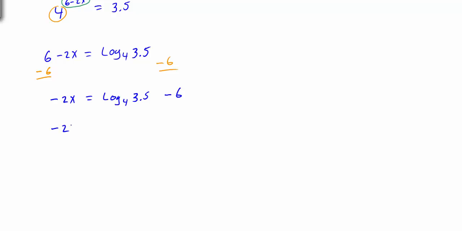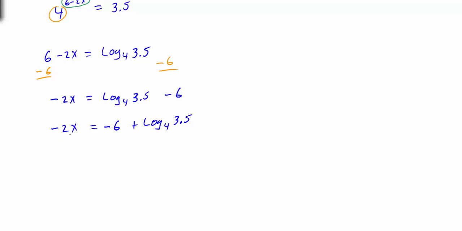So you may want to write this as negative 6 plus log base 4 of 3.5. That way it clears up any confusion that you're subtracting the 6 from the 3.5, whereas we're really taking the 6 away from the entire logarithm.